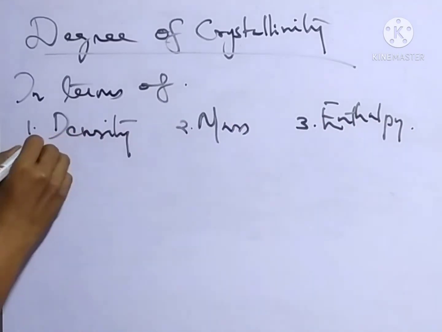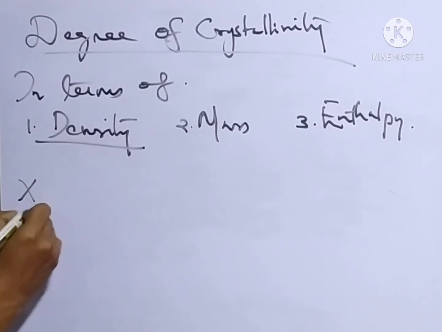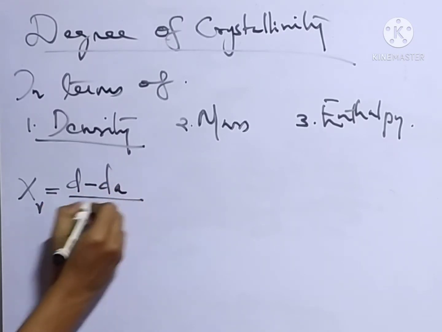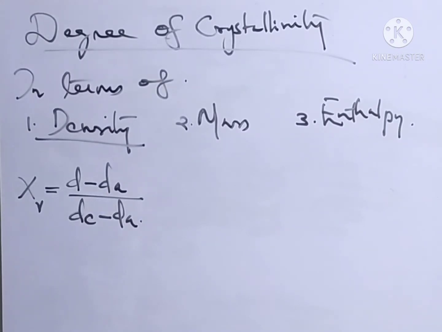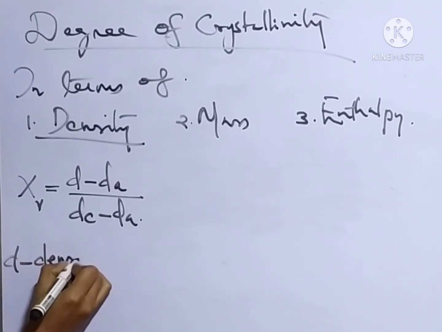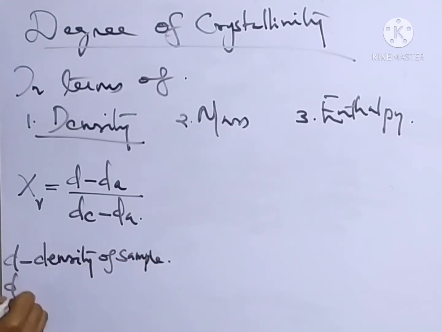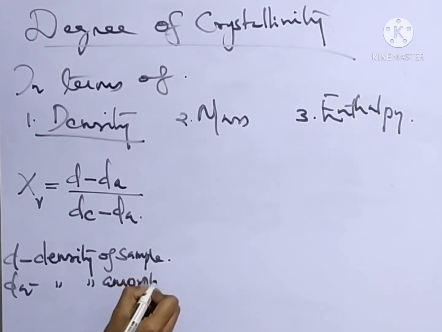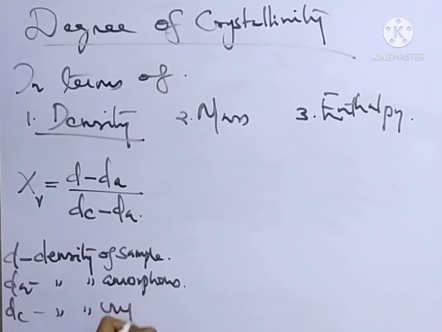So in terms of density, we can write the degree of crystallinity XV equal to d minus dA divided by dC minus dA. Here d is the density of the sample, dA is the density of amorphous region, and dC is the density of crystalline polymer.